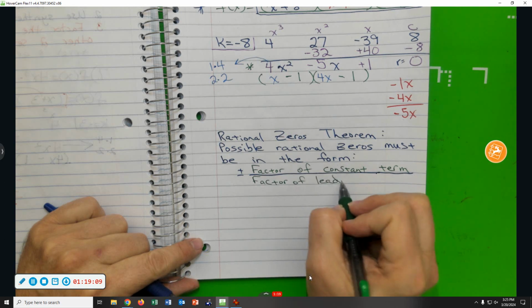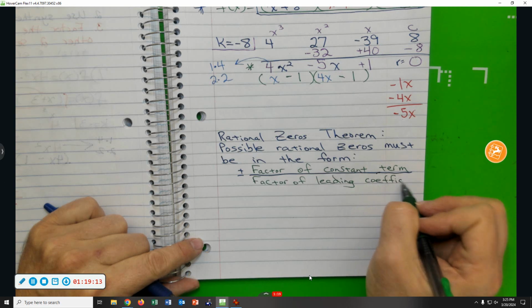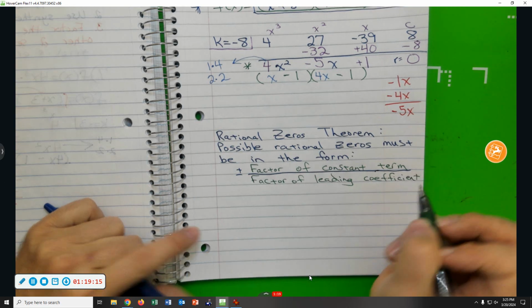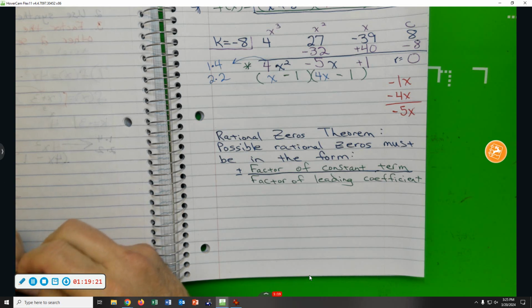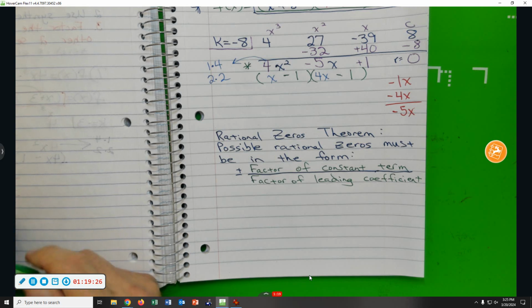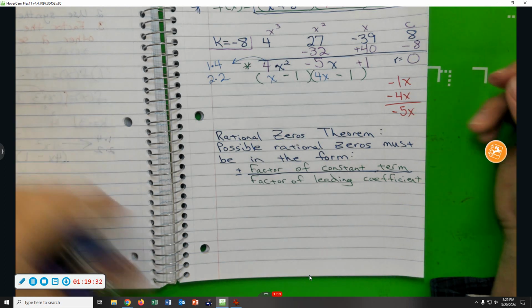This isn't something that's obvious. I wonder if any books still even go through trying to prove this. Probably not. Oh, no, I'm in college algebra. I don't think they try to prove that anymore. So it's factor of constant term over factor of the leading coefficient.